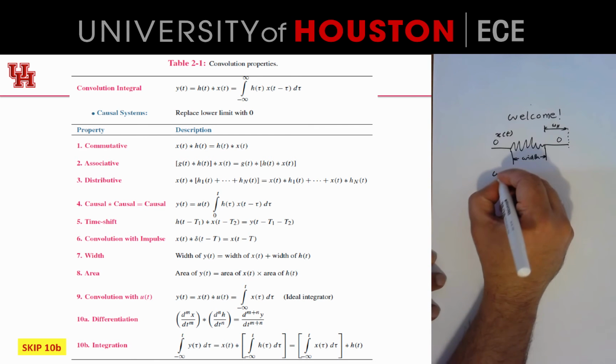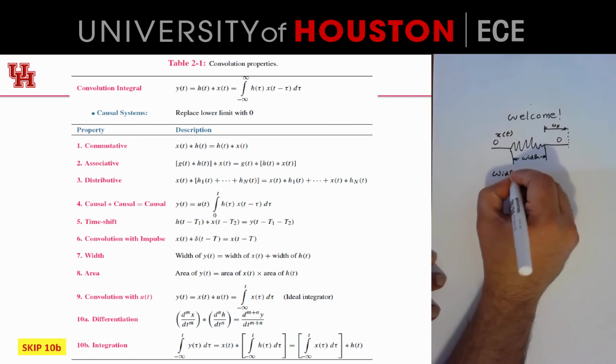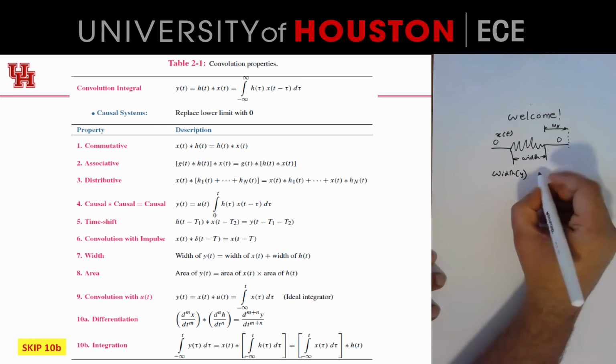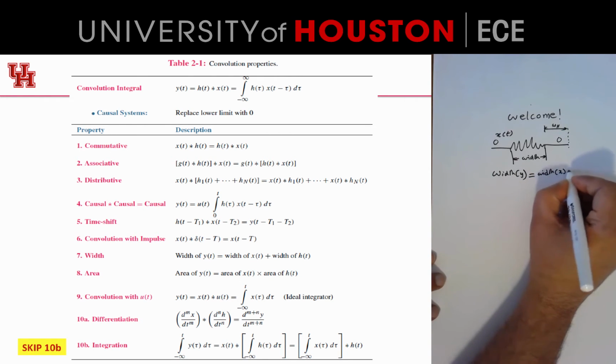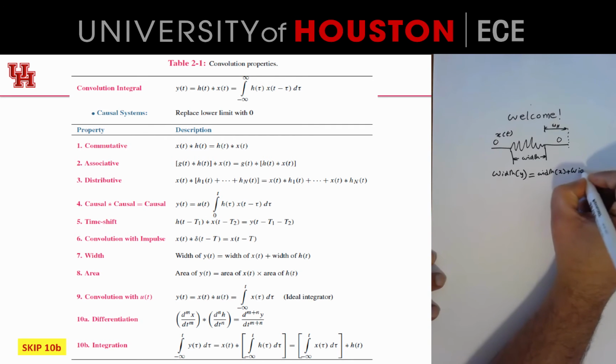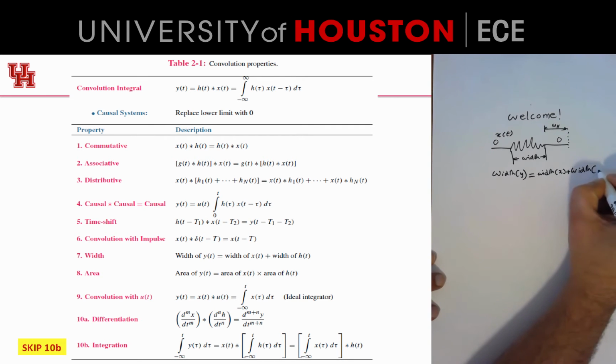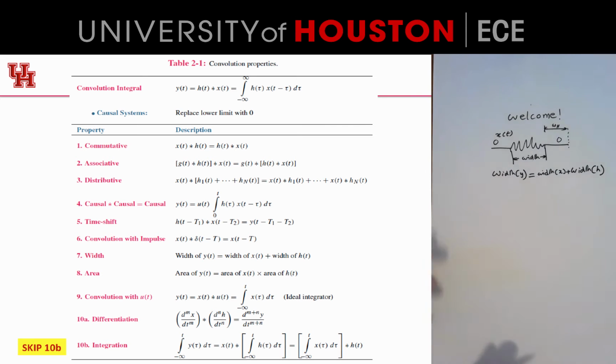So basically the width of y equals the width of x plus the width of h. This is also a very simple and interesting property that comes in handy.